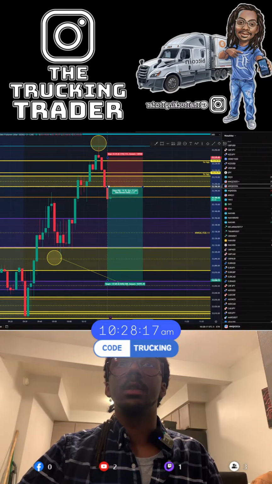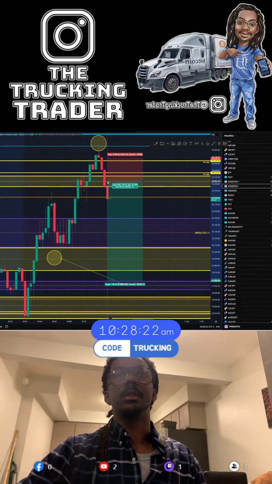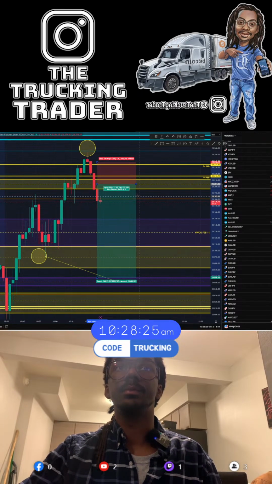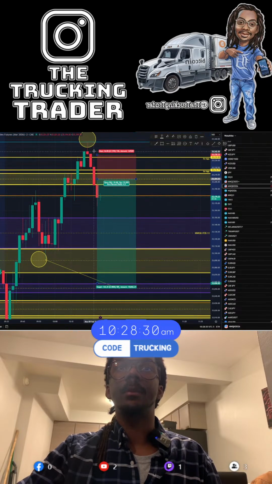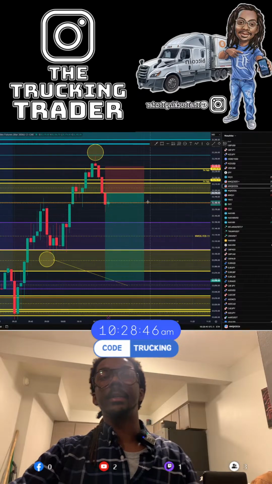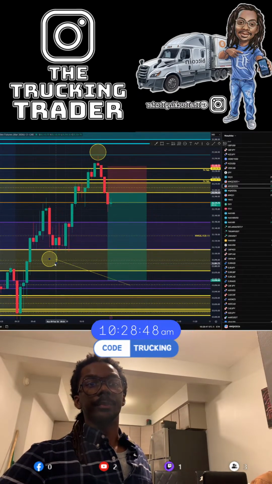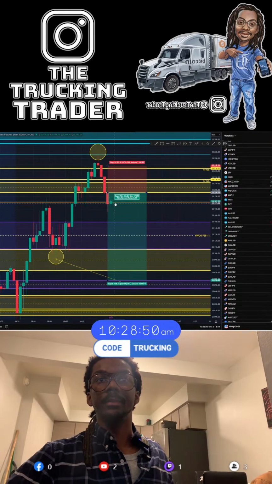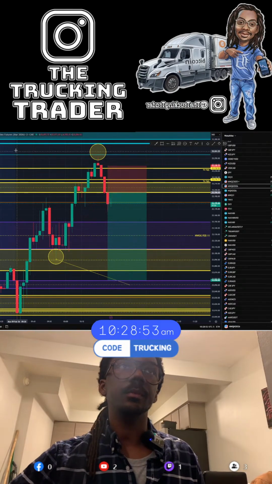Let's say if we can pull back up into at least the midpoint right here, then we're going to use the top of this gap as a stop loss. So it's already a 4 to 1 risk to reward from the midpoint. If we were to drop it a little bit, it's still decent risk to reward. Saying that to pretty much say, if we go to where I think we're going to go, the risk to reward is pretty much there even right now, right?